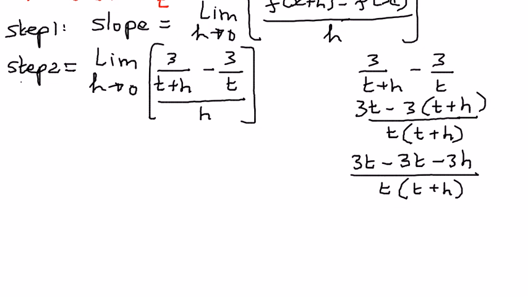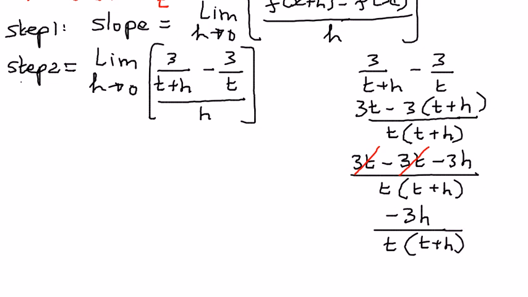We can simplify this as follows. Positive 3t and negative 3t cancel out. Therefore, we are left with negative 3h divided by t times t plus h, like that.